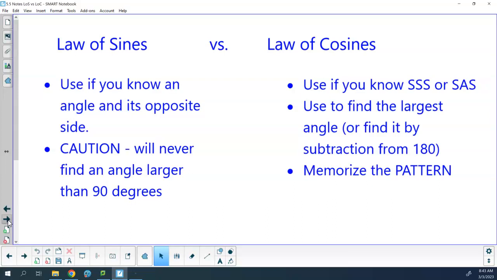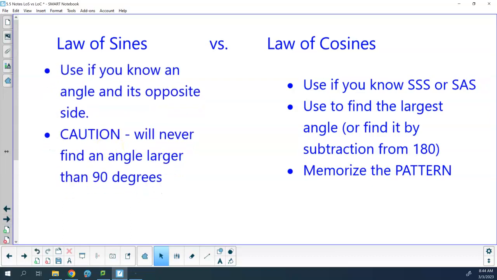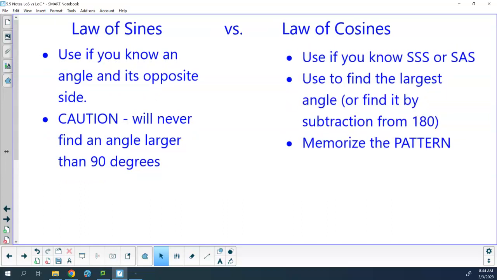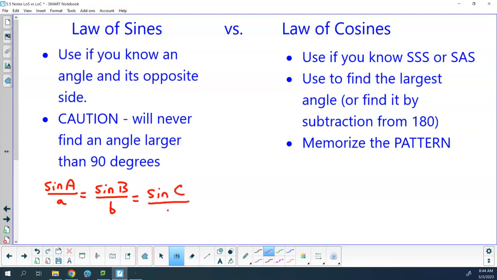Well, law of sines, remember: sine of A over side A equals sine of B over side B equals sine of C over side C. If you have one complete fraction in the law of sines, you're going to use the law of sines.